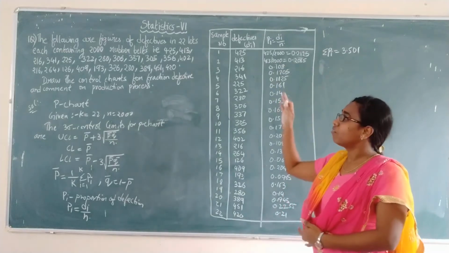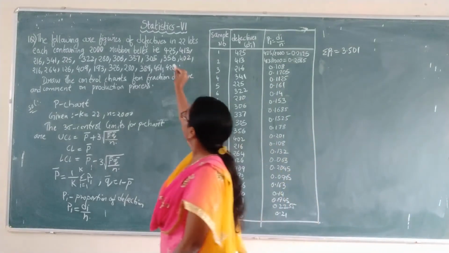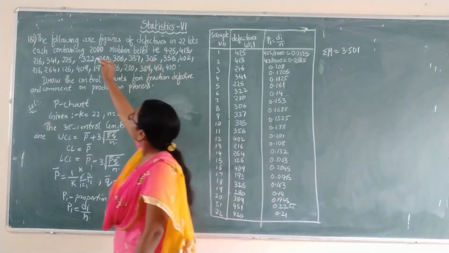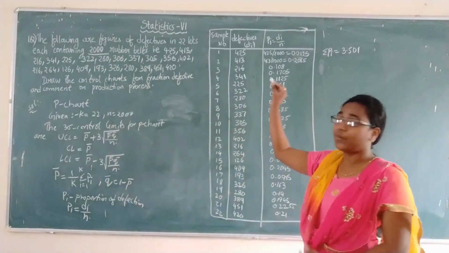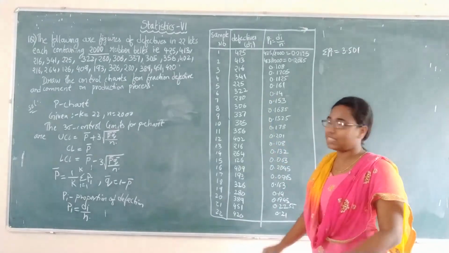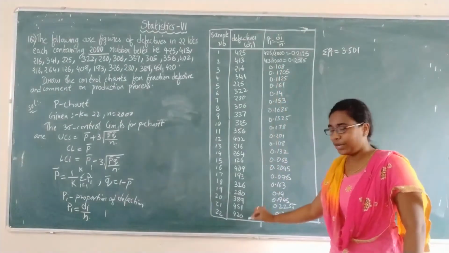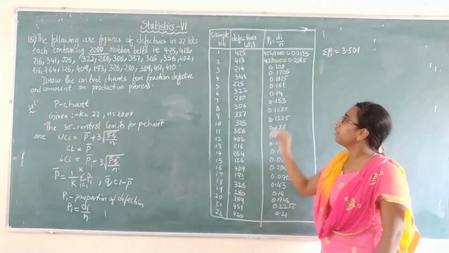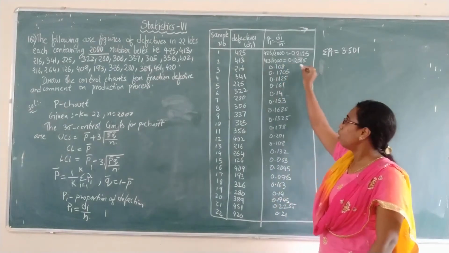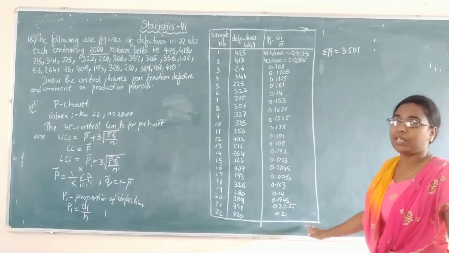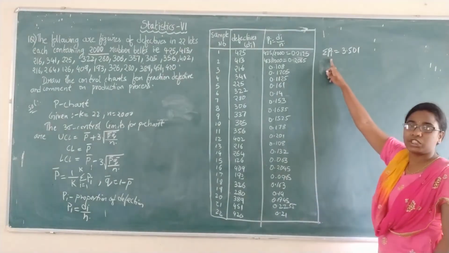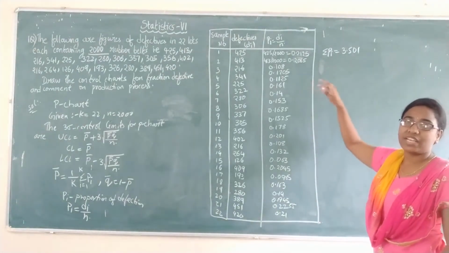Here they have mentioned that all the samples have the same size, containing 2000 rubber belts. So for all the 22 lots the sample size is the same. For all the given 22 defectives, you have to divide by 2000 to obtain the P i values. Then find the summation of P i so that you can find the P bar.